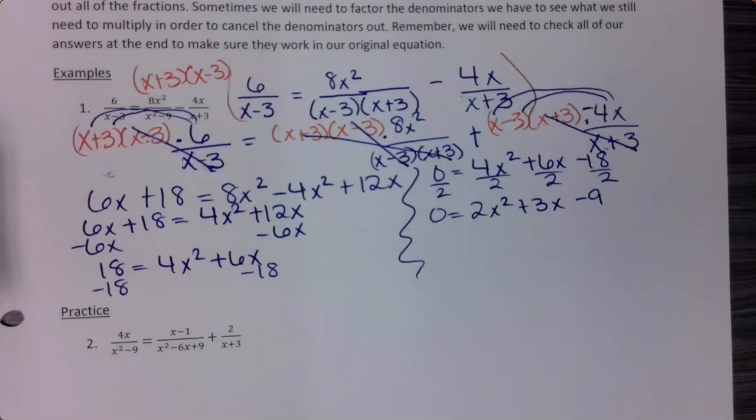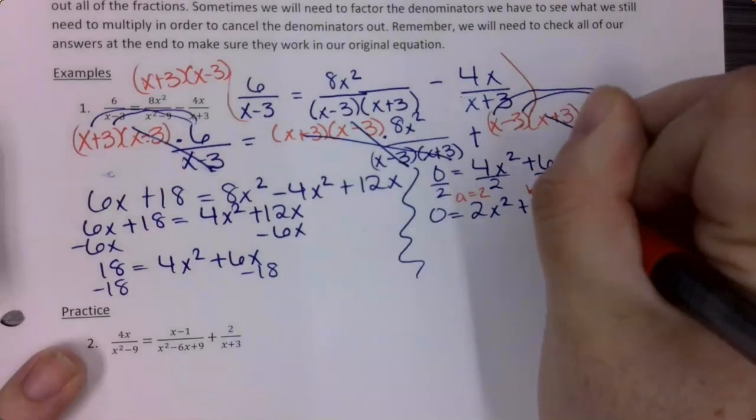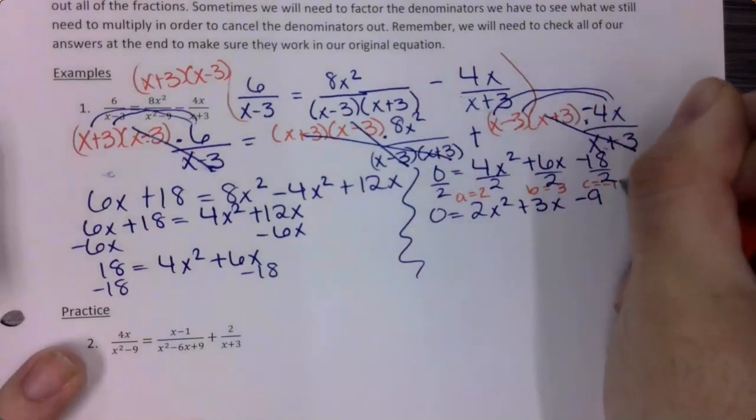So this one, since I have a number in front of my a value, I want to use the AC method. A is 2, B is 3, C is negative 9.